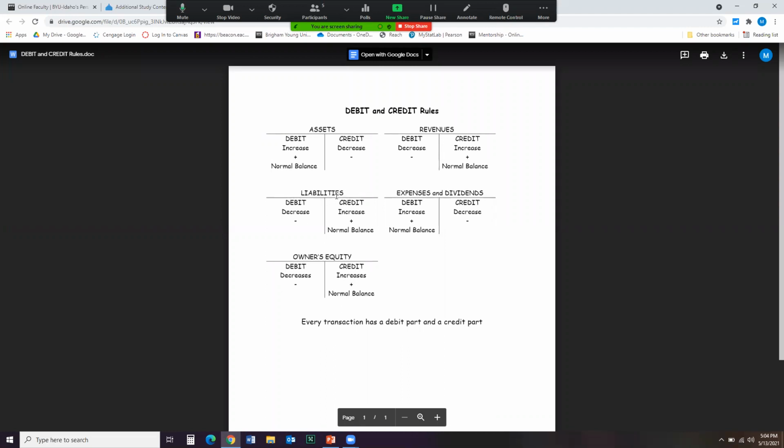It summarizes them all on one sheet, and that seems to help people as an assistance tool.